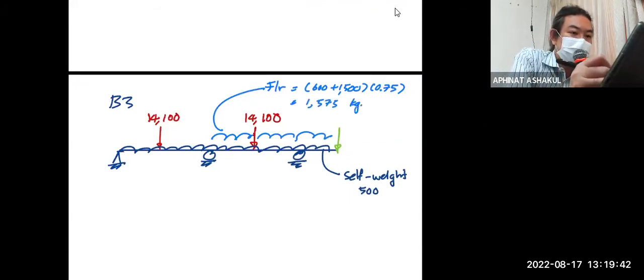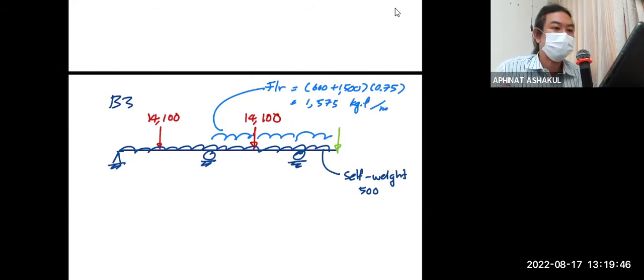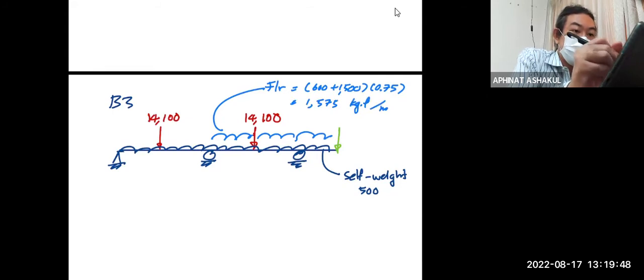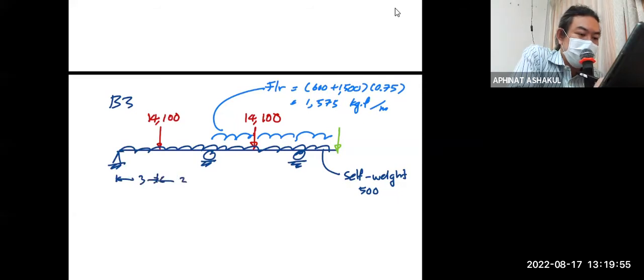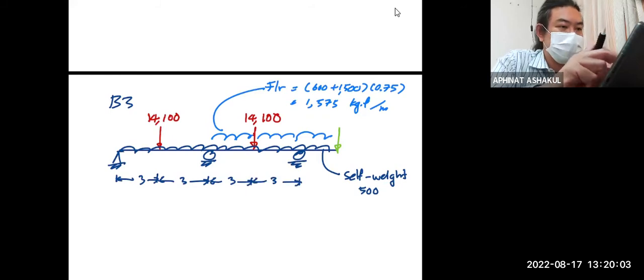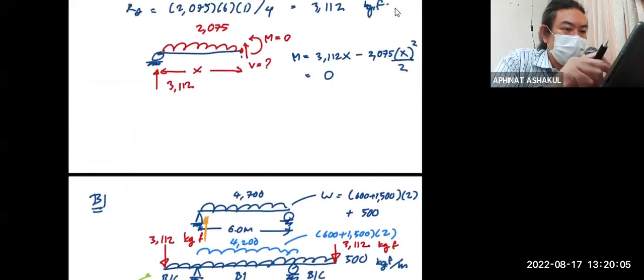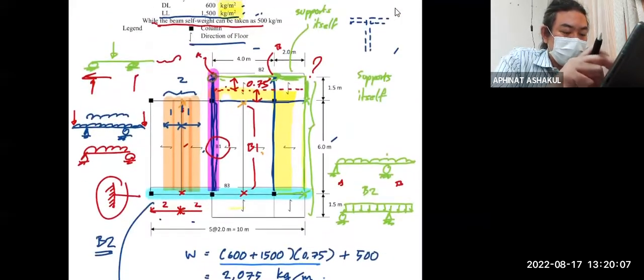Thank you. So now you better give the proper dimensions. This is 3, this is 3, this is 3. This is how much, I don't remember, but better keep look. 2.